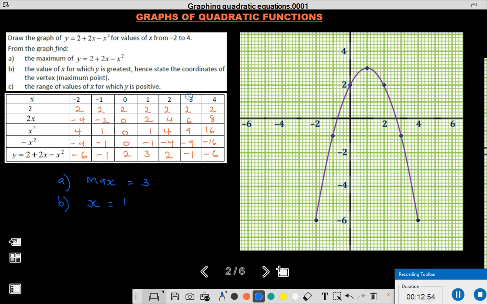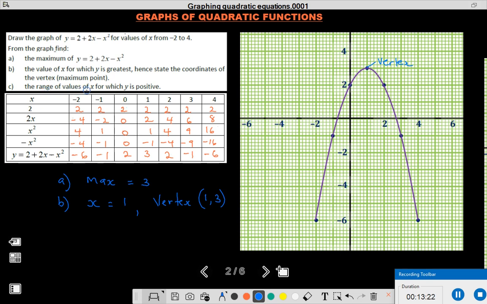And state the value of the vertex. Remember, we are reading this point here, and this is our vertex. The value of x is 1, and the value of y is 3. So the vertex coordinates will be 1, 3, because x is 1, y is 3.